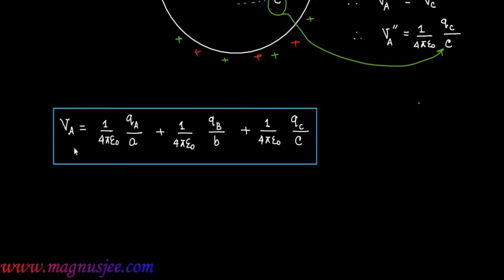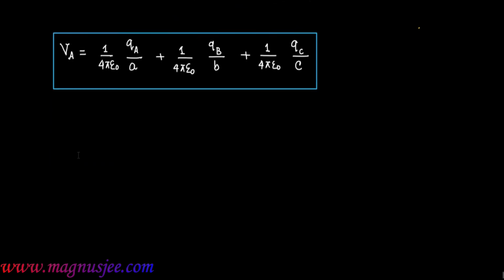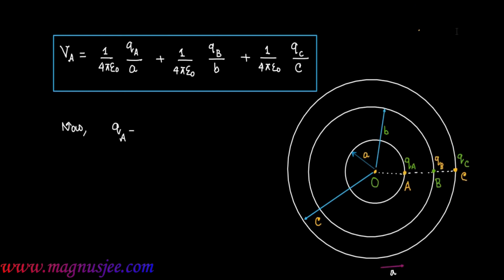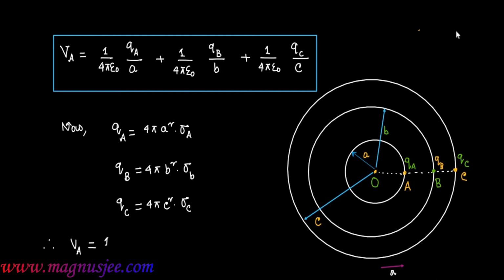Therefore, VA equal 1 by 4 pi epsilon 0 under bracket QA by a plus QB by b plus QC by c. Now, the charge of the shell A is QA, which is 4 pi a square, which is the area, into sigma A, where sigma A is the surface charge density of the shell A. QB equal 4 pi b square sigma B, and QC equal 4 pi c square sigma C. Therefore, VA equal 1 by 4 pi epsilon 0 under bracket QA by a plus QB by b plus QC divided by small c.